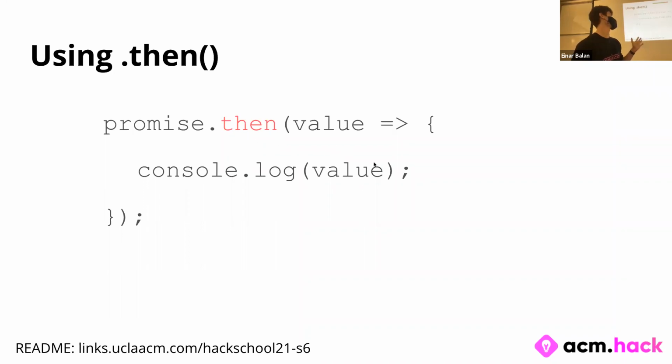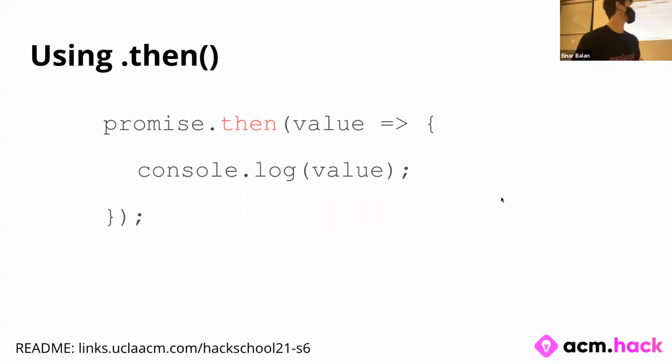We just choose to call it value, right? So instead of printing promise, or instead of printing not a number, it's going to print the actual value that we expect, right? So all this is doing is it basically just waits for the promise to be resolved, and then we can access that value through this name here.